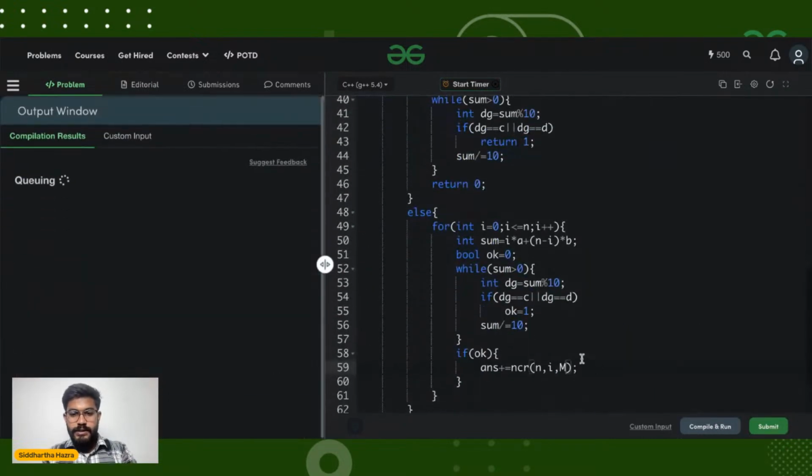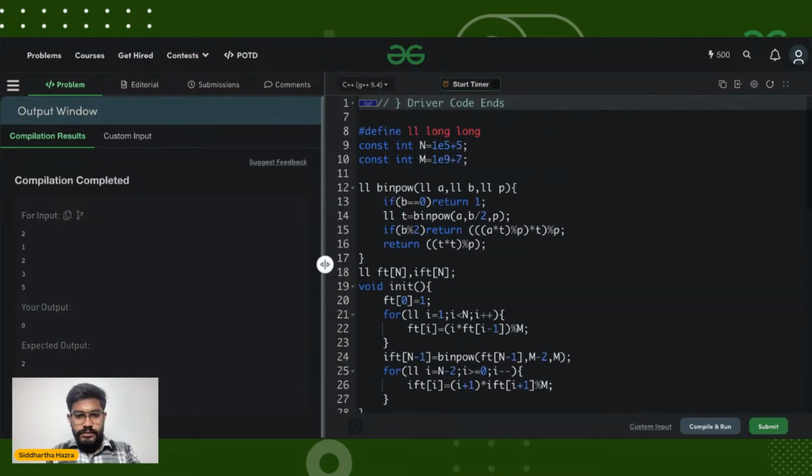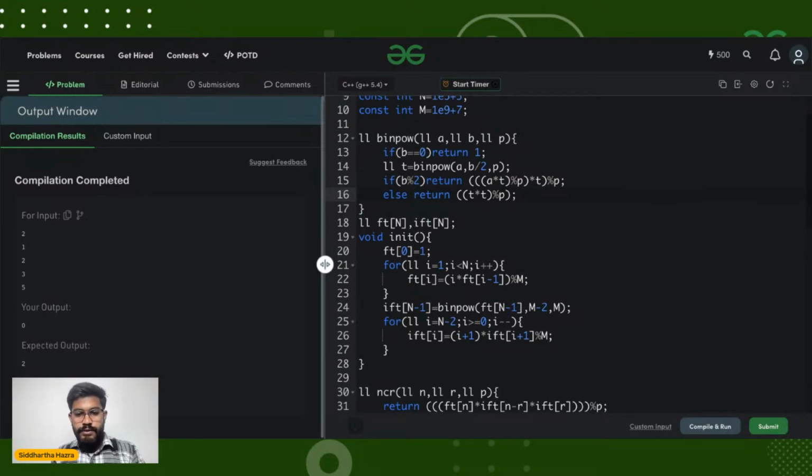Let me just see how many are there. I would be making a lot of errors. Here is the code: 1e5 plus 5, then long bin pow, if b is equal to 0 return 1, t is equal to a divided by b, then b is equal to a multiplied by 2. Long array of inverse factorial and long array f of 0.